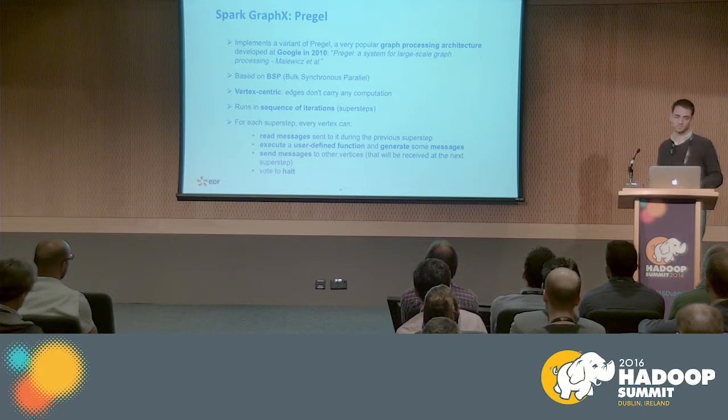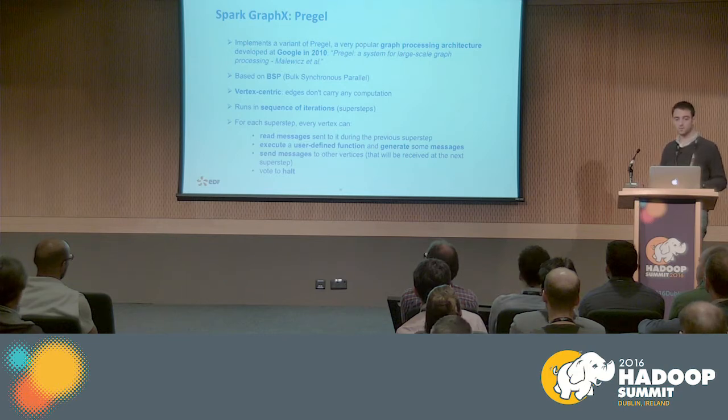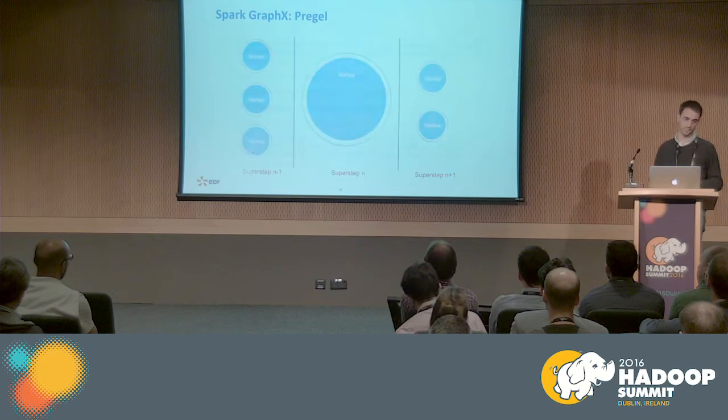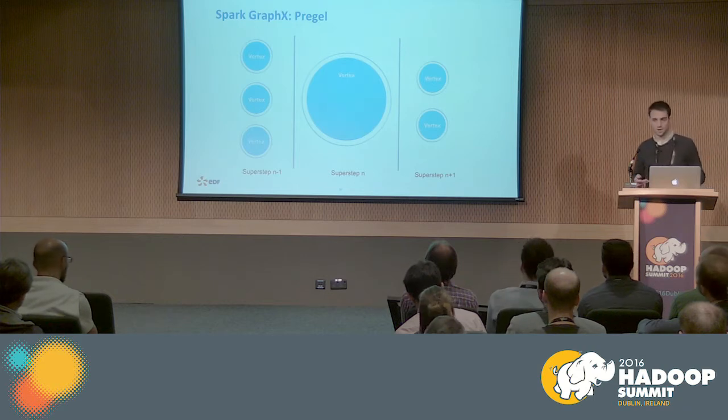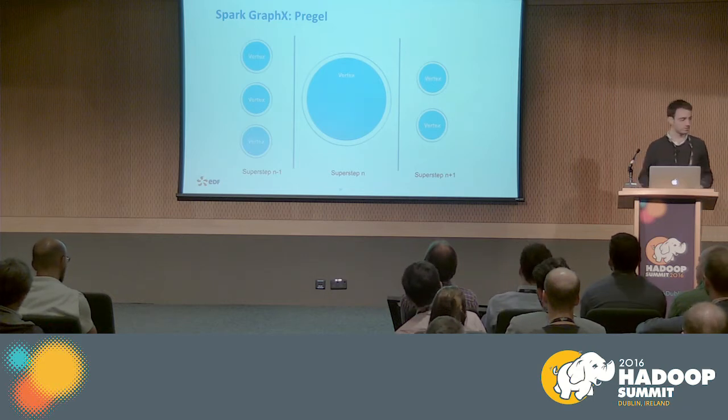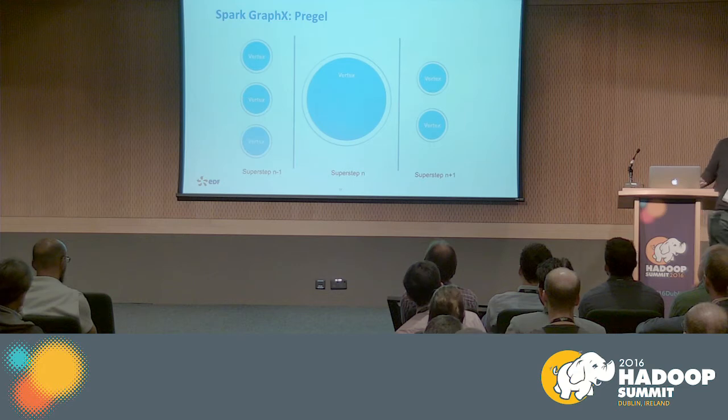At each iteration, a vertex can perform some specific operations, like reading messages from the previous superstep, executing a user-defined function, or sending messages to the next superstep. Okay, so basically, this is the way Pregel works, schematically. First, each vertex receives some messages processed at the last superstep.